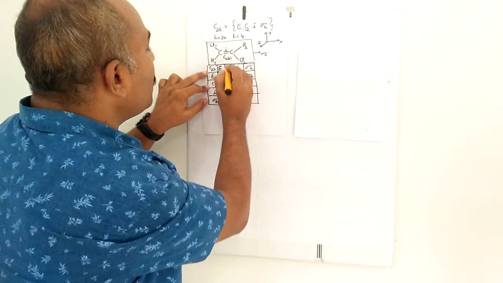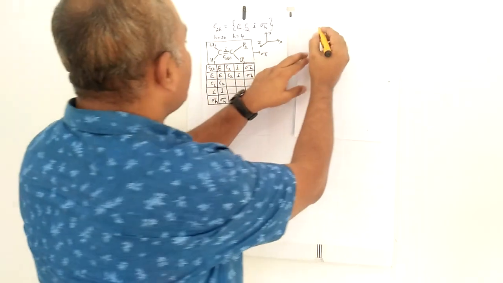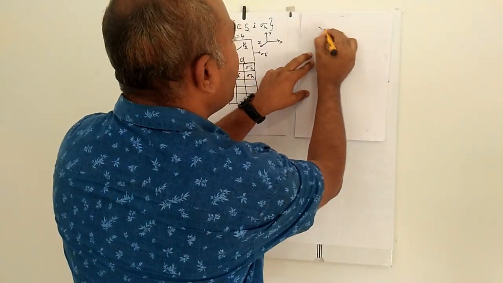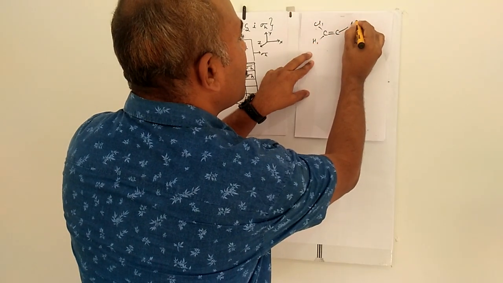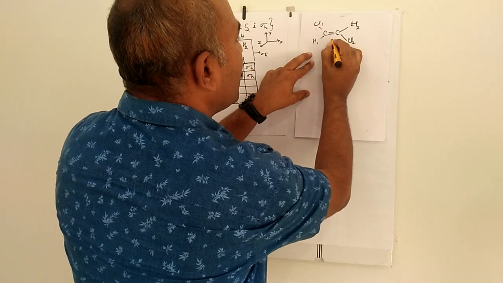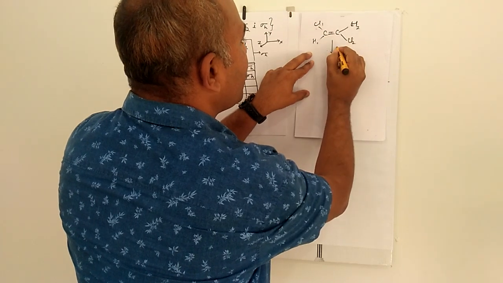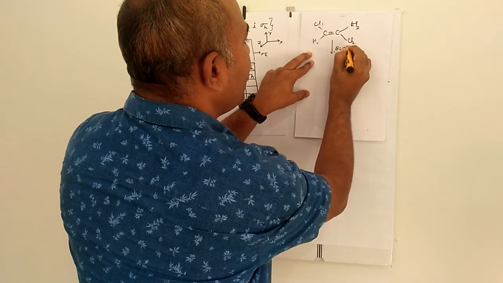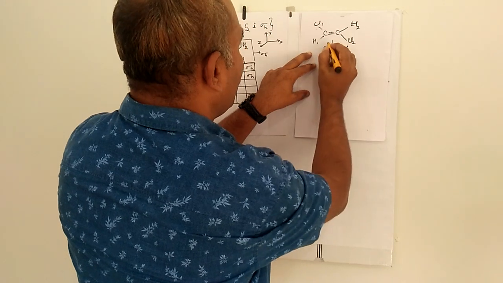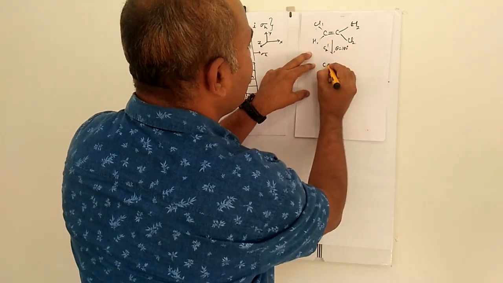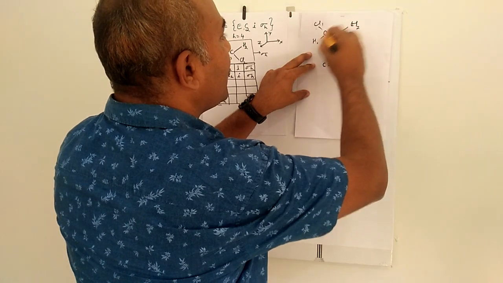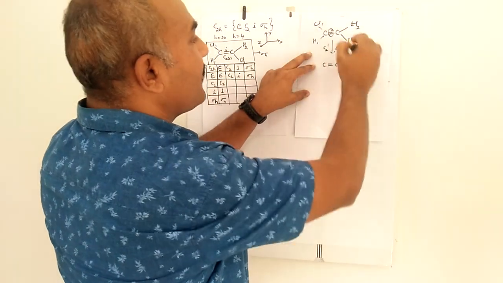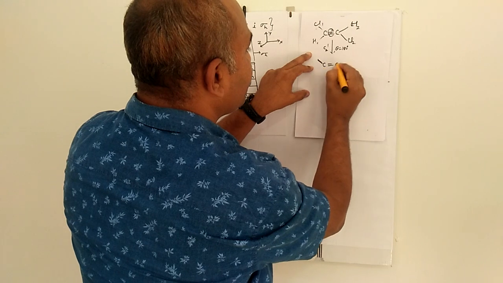Okay. Next, C2 followed by C2. How to do C2 followed by C2? So we take Cl1, H1, H2, Cl2. First you do one rotation, theta equal to 180 degrees, C2 one time. So both are exchanging each other with a 180 degree rotation: H1 and H2 exchange with each other, Cl1 and Cl2 exchange with each other.